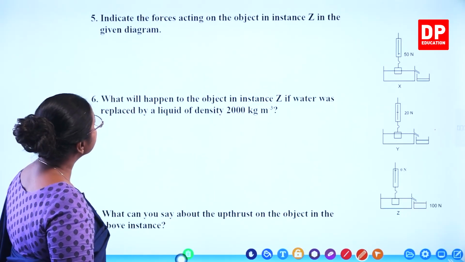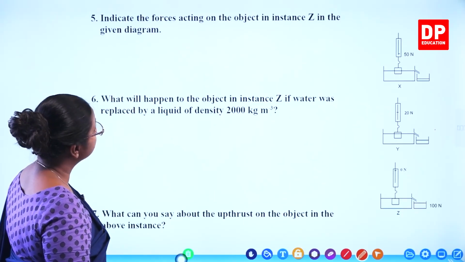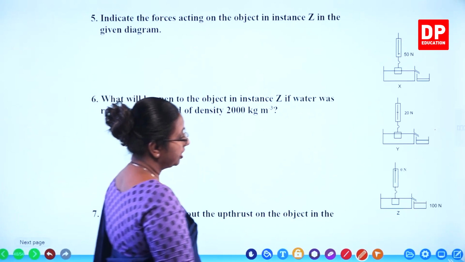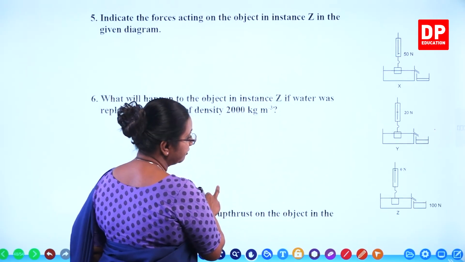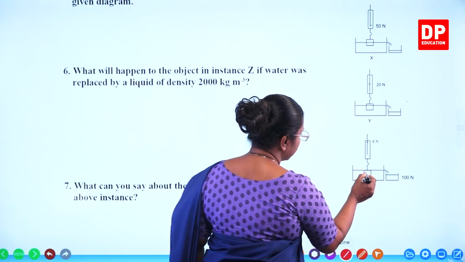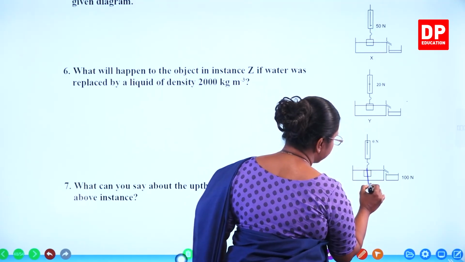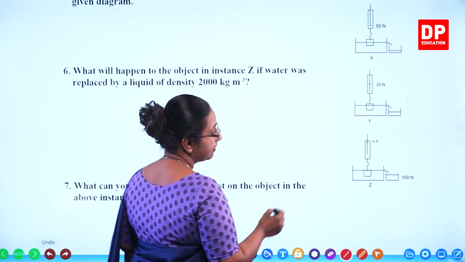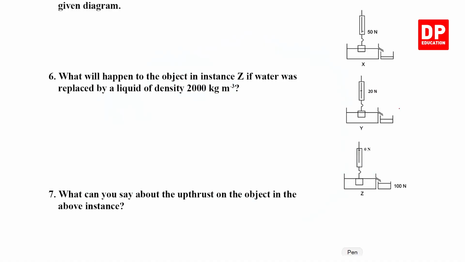Fifth one, indicate the forces acting on the object in instance Z in the given diagram. So here we need to indicate the forces there. What are the forces acting downwards? I will indicate the forces there.